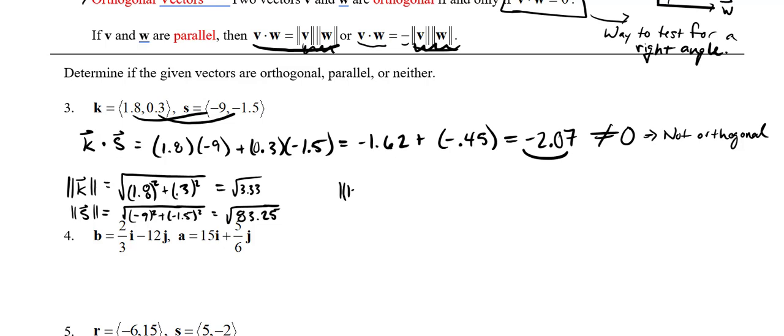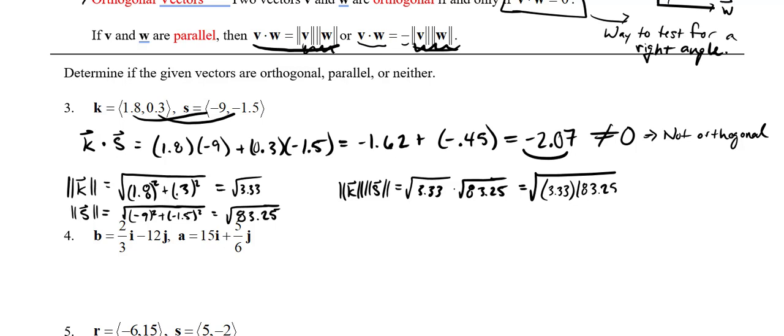So when I multiply these together, I get root 3.33, I haven't rounded anything yet, times root 83.25, which we can combine into a single root. Maybe you can already see the punchline, but I'm going to continue through the calculation.